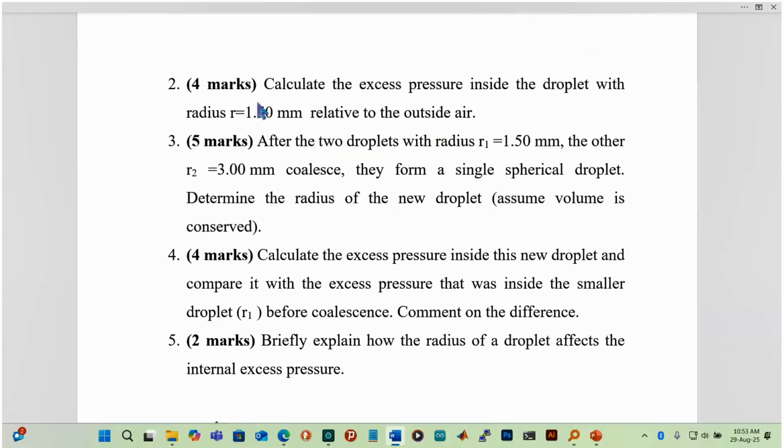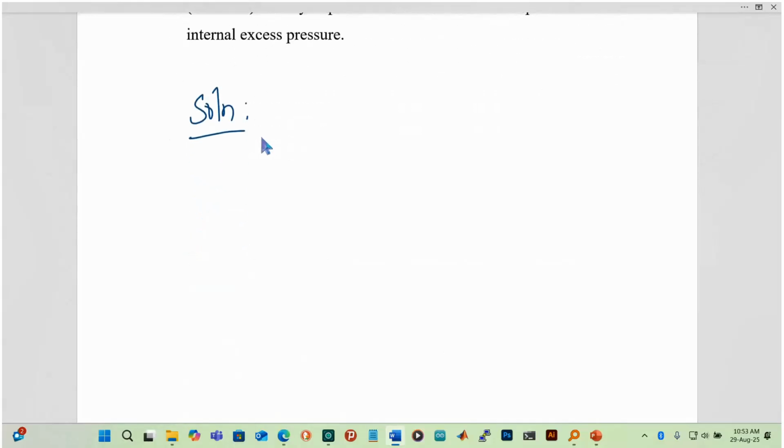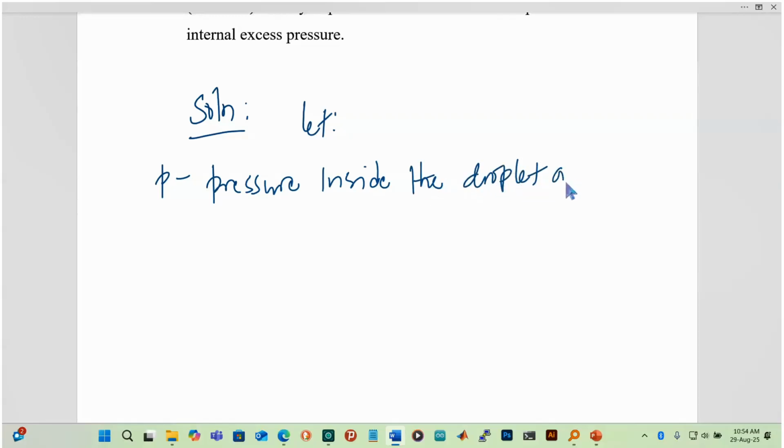Among the things that we need to jot down, we are first going to say, let P be the pressure inside the droplet above the outside pressure.